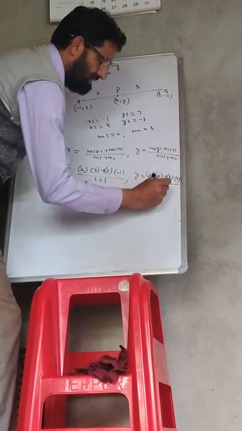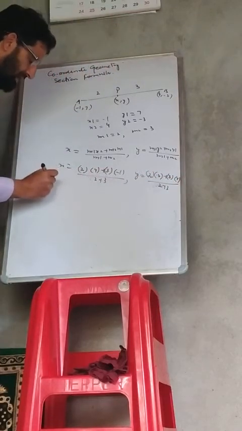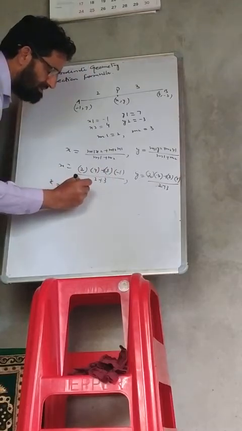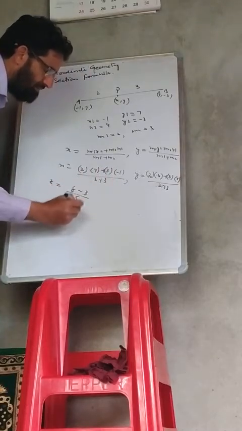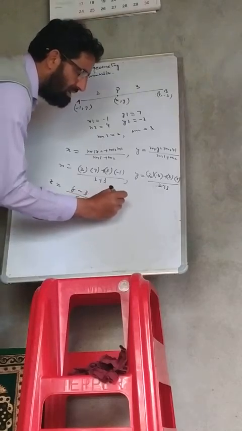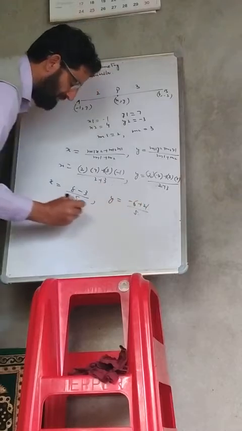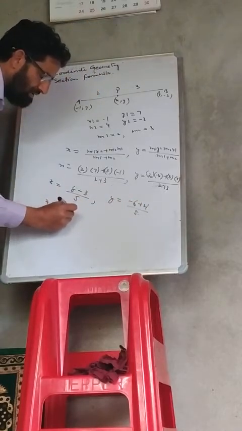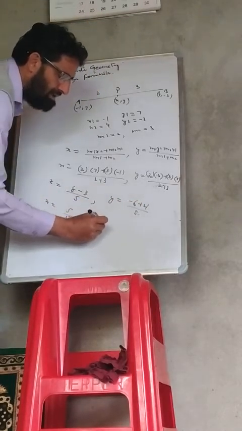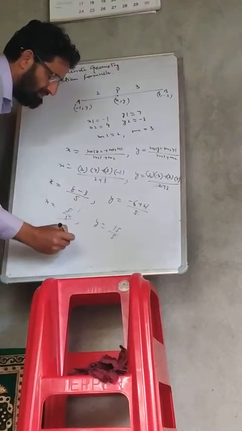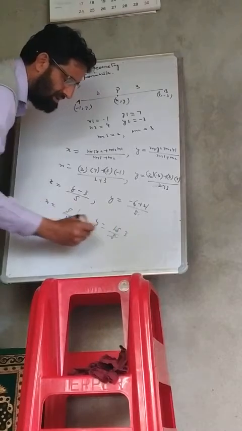So here x is equivalent to 4 twos are 8 plus -3 ones are -3 divided by 5, and y coordinate is equal to 2 times -3 is -6, 7 threes are 21 divided by 5. So x is equal to 5 divided by 5, and y is equal to 15 divided by 5. 5 and 5 cancels, left with 1. 5 threes are 15.